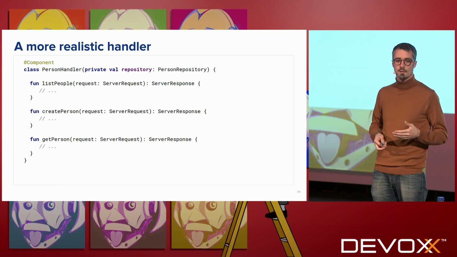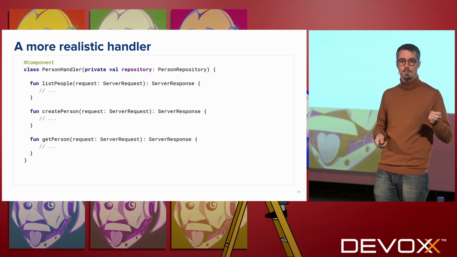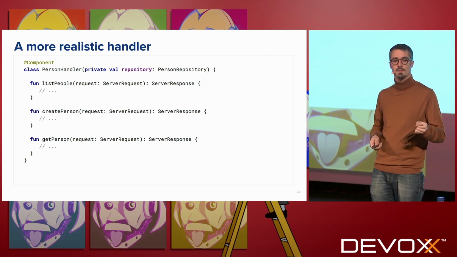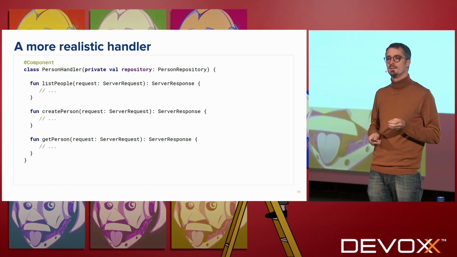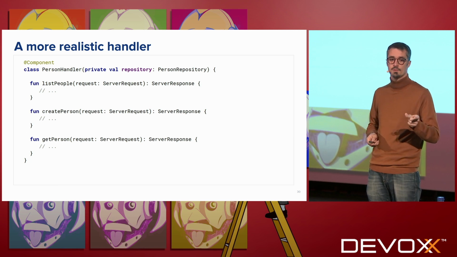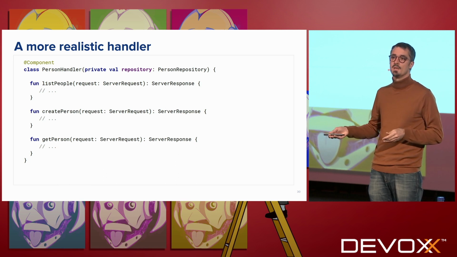In Kotlin, it's almost mandatory because the language is really designed for read-only properties, to use this kind of private val repository and the type. And remember that by default properties in Kotlin are public. So here I'm specifying private because there is no sense in exposing this repository in the public API.